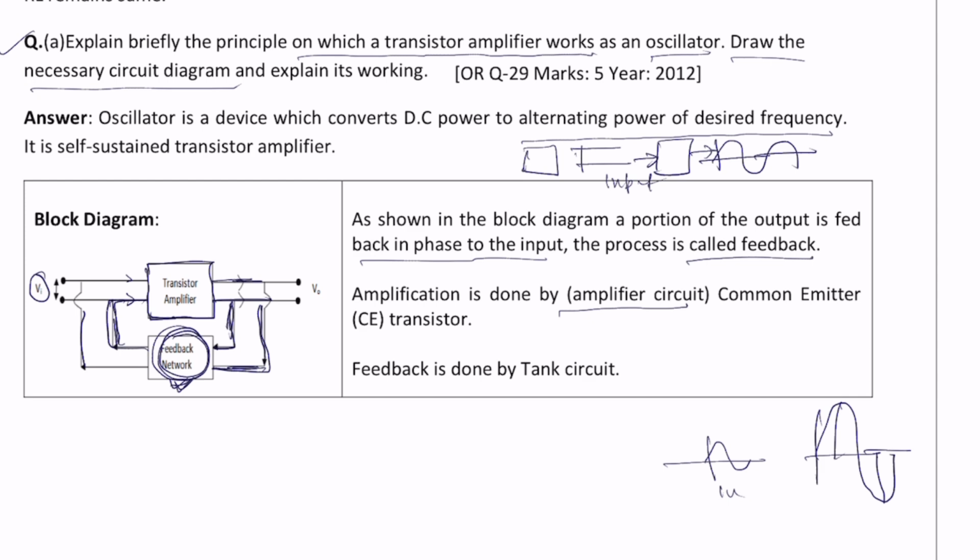So amplification is done by the amplifier circuit, a common emitter transistor. The emitter is common to input as well as output. The feedback is done by the tank circuit. So for objective type questions, these are important: What is an oscillator? How is amplifying done? What is the feedback circuit called?